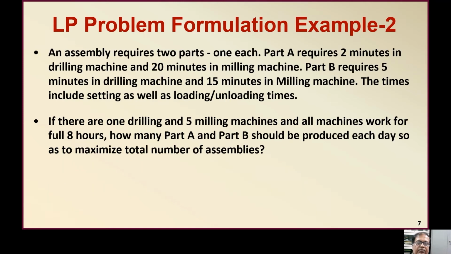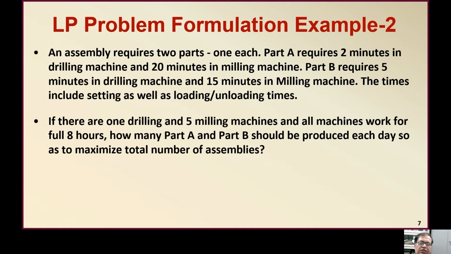Let us go back to the problem once again. Say in total we have 8 hours. So in minutes, how many minutes are available? 8 into 60, that is 480 minutes in total. Now, how many milling machines and drilling machines are available? We have only one drilling machine and 5 milling machines.